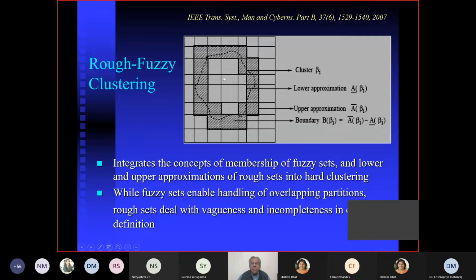So when you compute the centroid value of all other clusters, what do you consider? You don't consider the sure values of this cluster for computing the centroid of the others. You only consider these values for computing the centroid of this cluster. But for the boundary region, you use their membership values to compute the centroid values of all clusters, but with less weight because they are from the boundary.